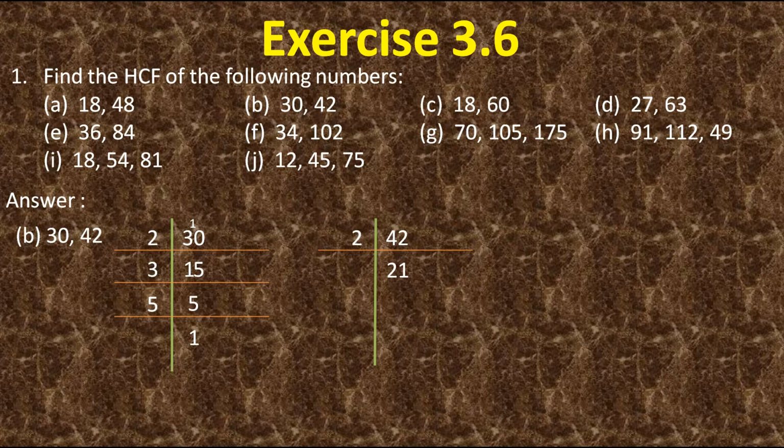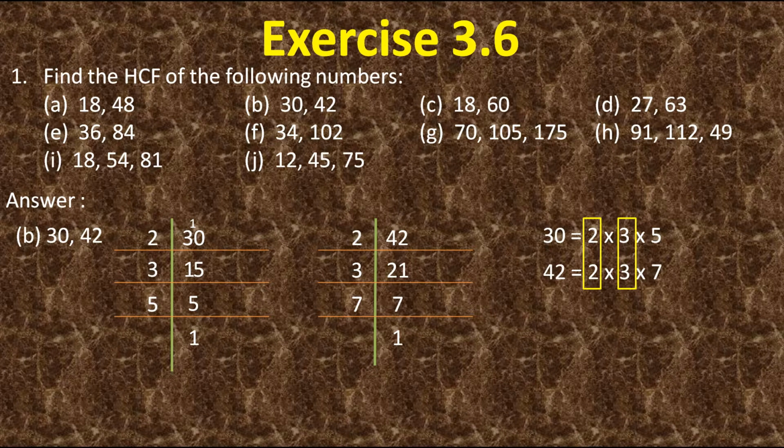So let's take the next prime number, that is 3. 3 7s are 21. 7 1s are 7. Okay, now we got the prime factorization of 30 and 42 as this one. Now here we got 2 and 3 as common, right? Therefore the HCF of 30 and 42 is 2 into 3, which is equal to 6.